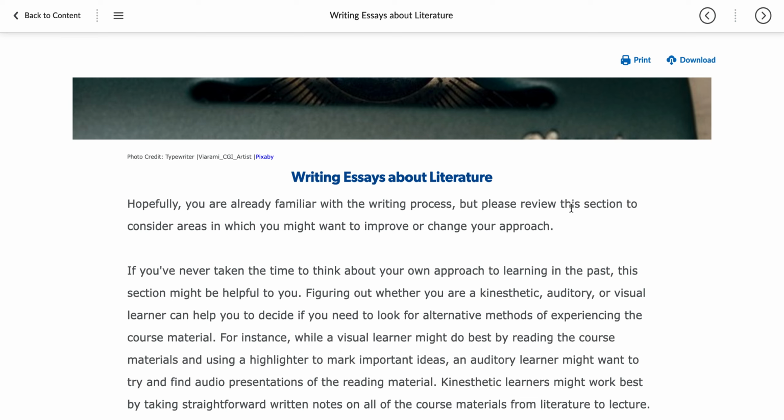You're going to be writing an introduction, a thesis statement that focuses on the short stories, which is what you'll be focusing on this week and next week, body paragraphs that prove your point about the short stories, and a conclusion. So it's very similar. You're just writing about short stories.